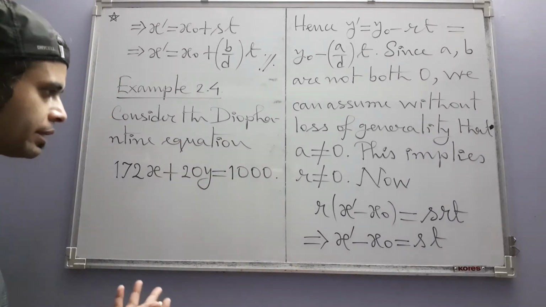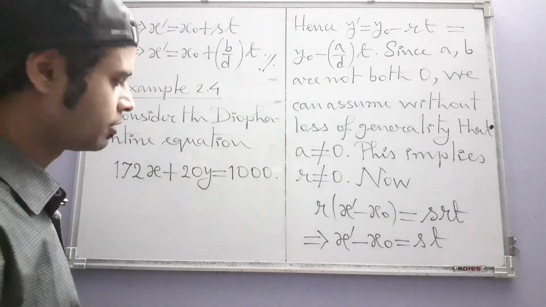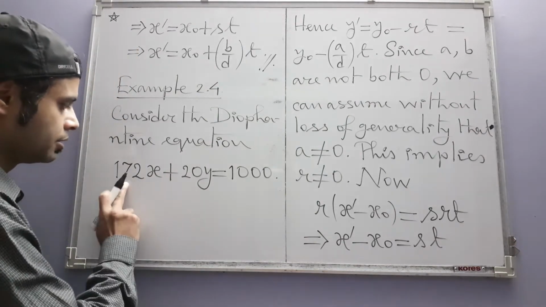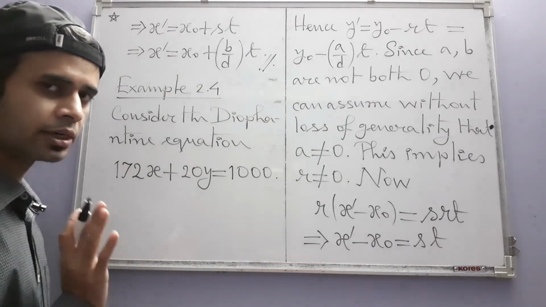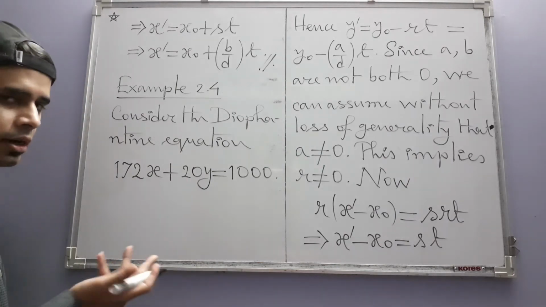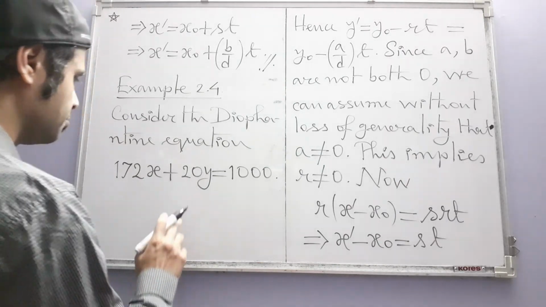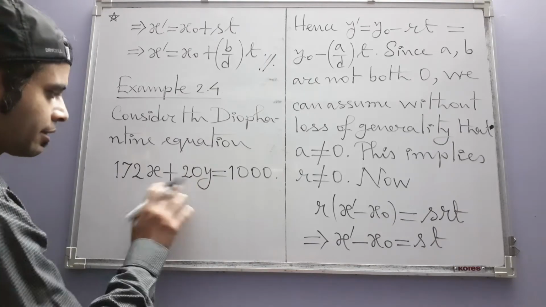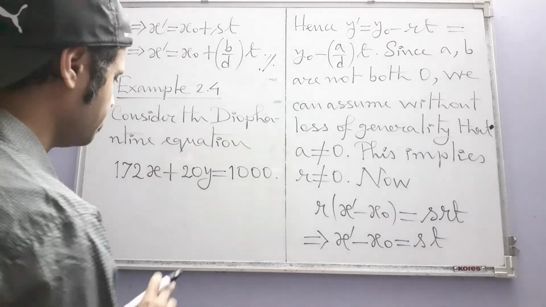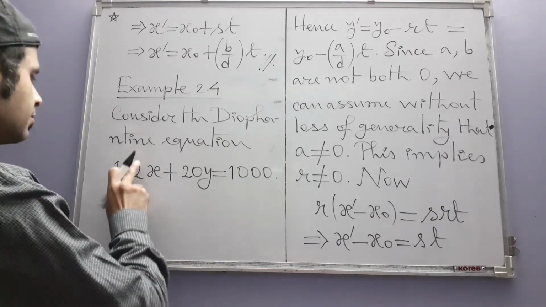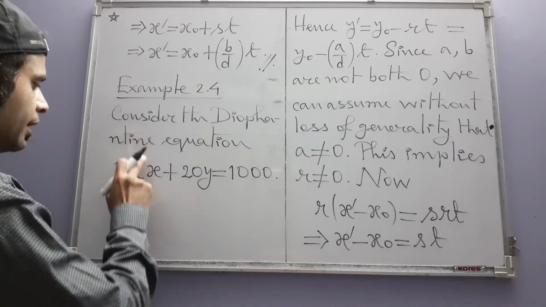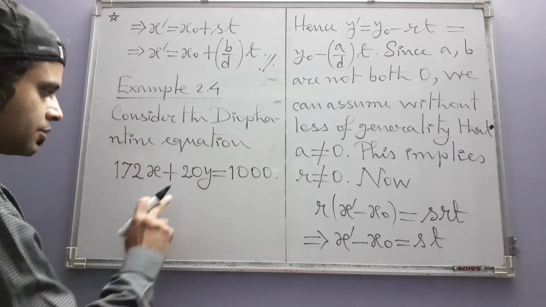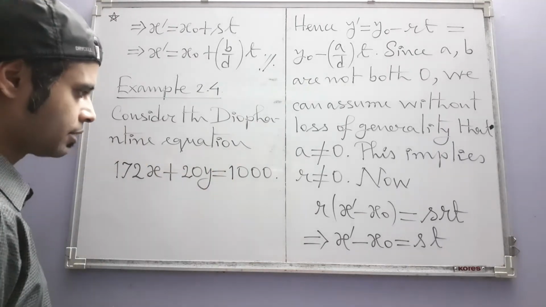So to know whether this has a solution or not, we of course have to calculate the GCD of 172 and 20. Here both are non-zero, because if one of them is 0, the situation is quite trivial. Say in place of 172 we had 0, that means 20y is equal to 1000.